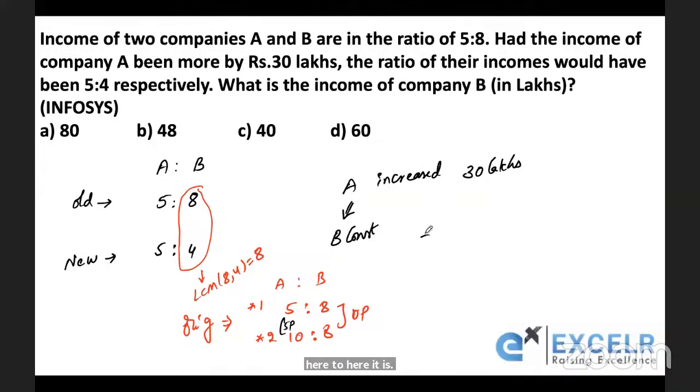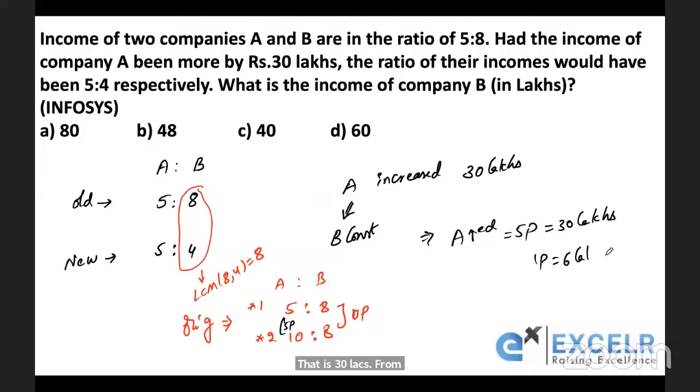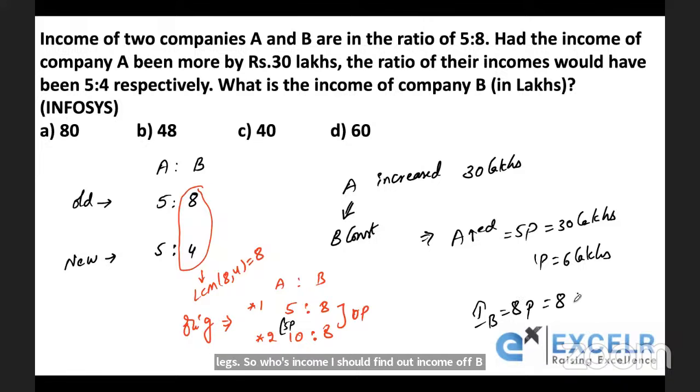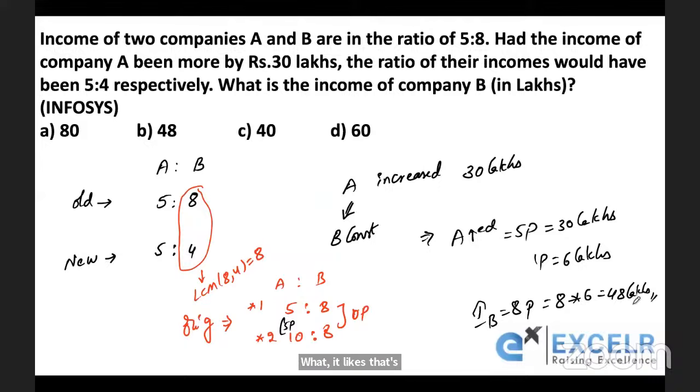So A increased is equal to 5 parts, that is 30 lakhs. One part is 6 lakhs. Whose income should I find out? Income of B, which is always 8 parts. So 8 into 6 is 48 lakhs. That's it.